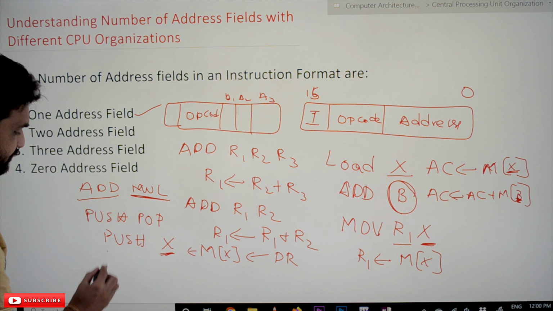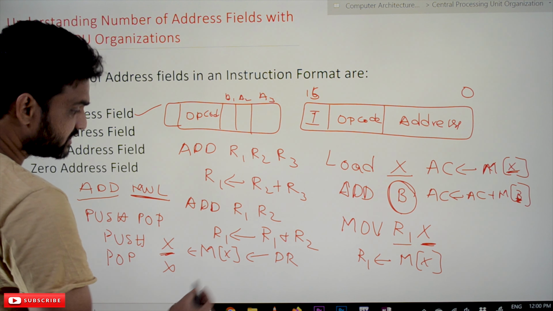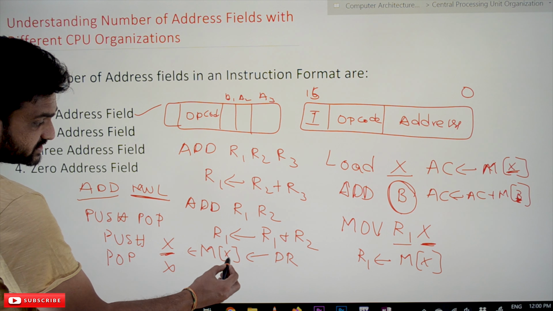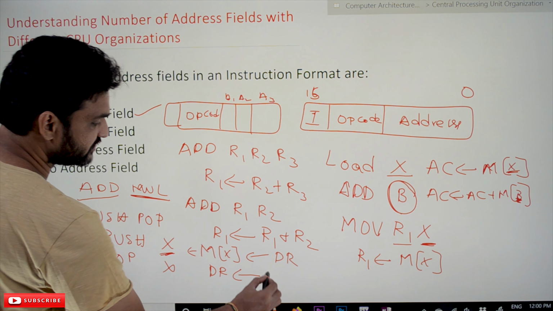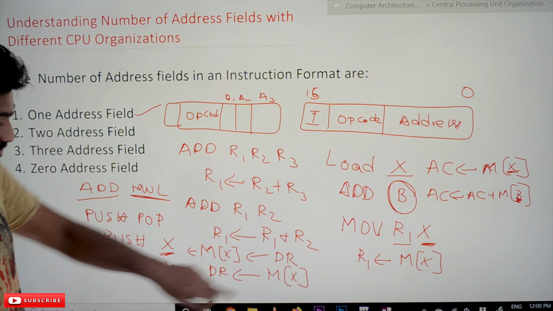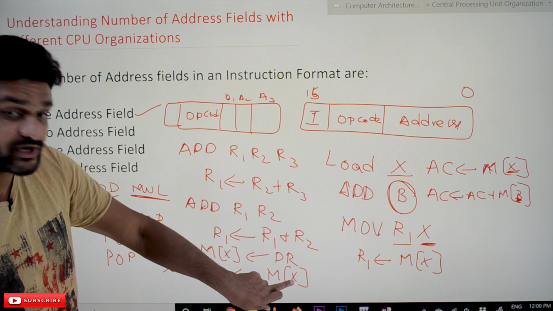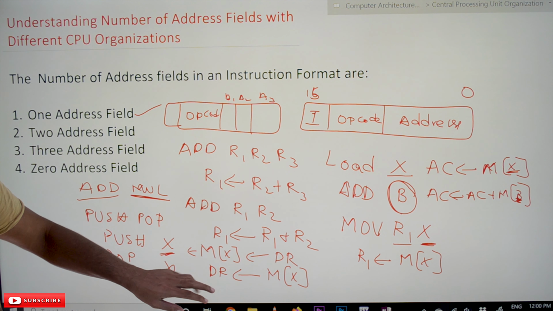For example, if you take the pop operation, pop X, what it means is the data register has to be filled with the memory operand X. So the value that is stored on the memory location X has to be transferred onto the data register.